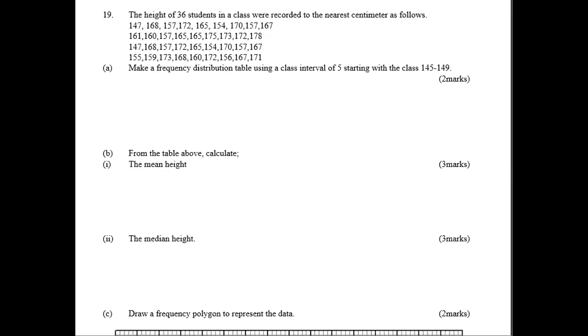Part C says we draw a frequency polygon to present the data. I may not want us to draw, but I want to make the following observations. Number one is that you can draw a frequency polygon without necessarily drawing a histogram. I was discussing with somebody else and they asked, is there a way of drawing a polygon without drawing a histogram first?